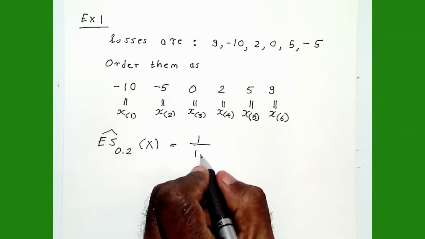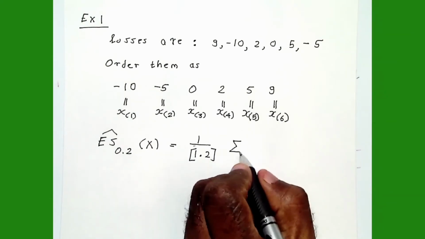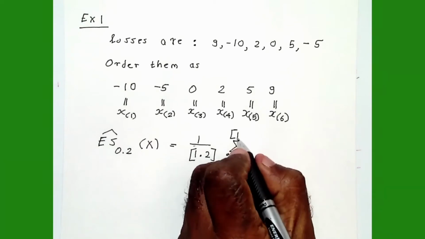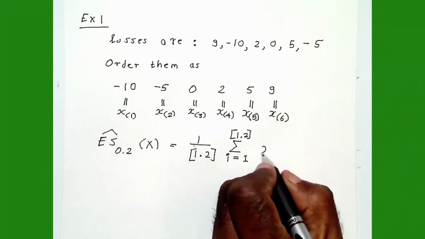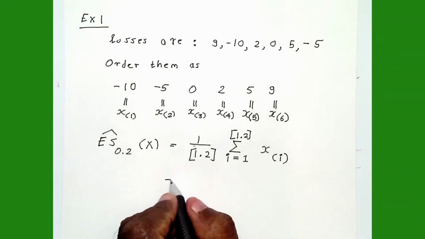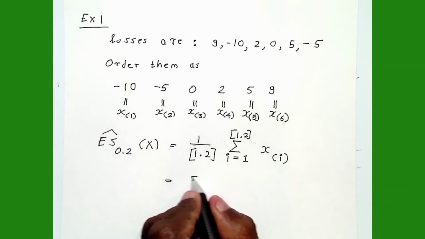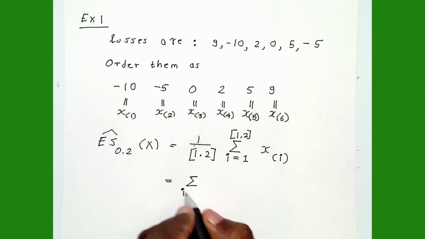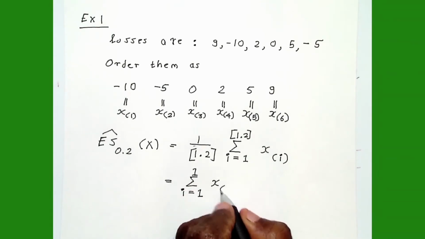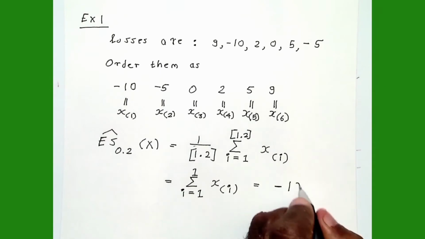So it's the integer part of 1.2, then sum i from 1 to the integer part of 1.2 of this. The integer part of 1.2 is 1, so this is simply 1 divided by 1, sum i from 1 to 1 of this, which is clearly equal to minus 10.